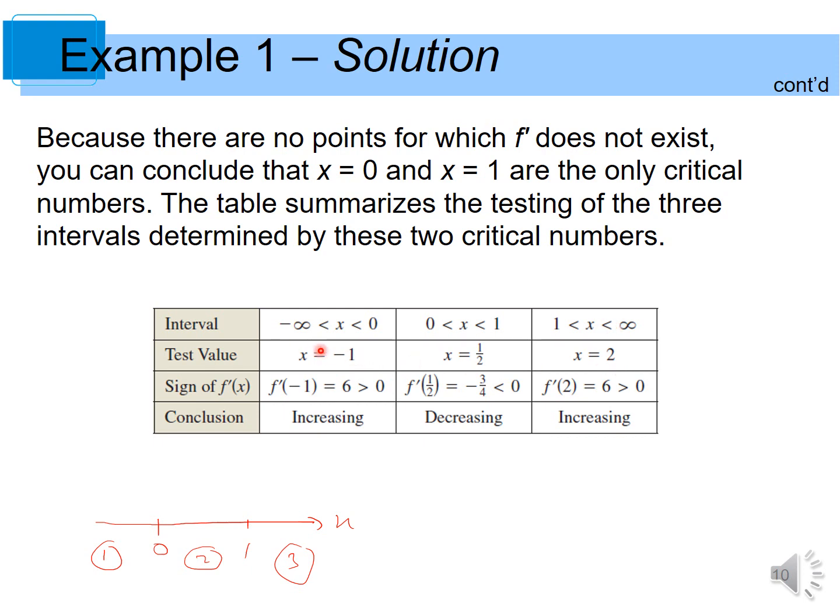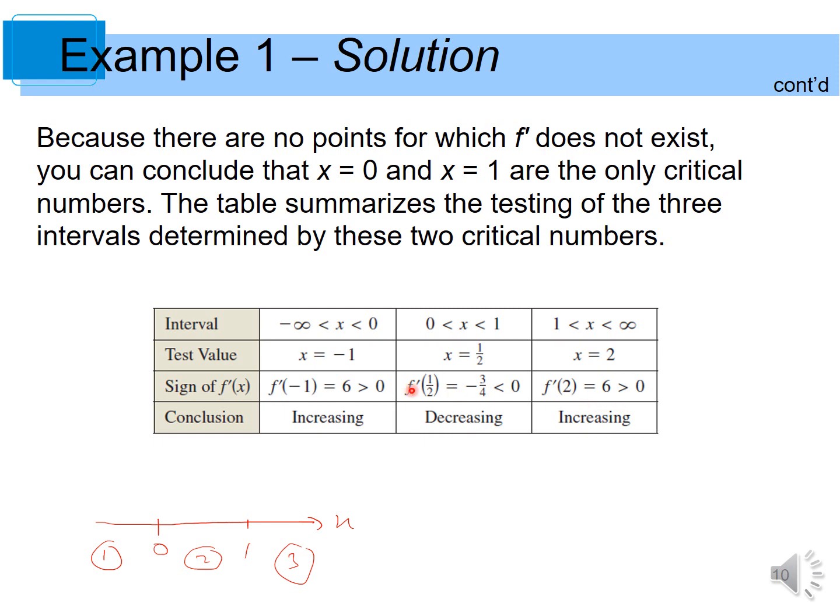Then we substitute each test value into the f prime x function. We have the value positive 6, which is greater than 0. For the second interval, f prime of one half is a negative value. And for the third interval, f prime of 2 is 6, a positive value.